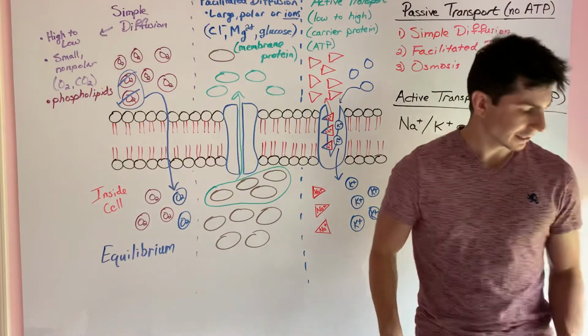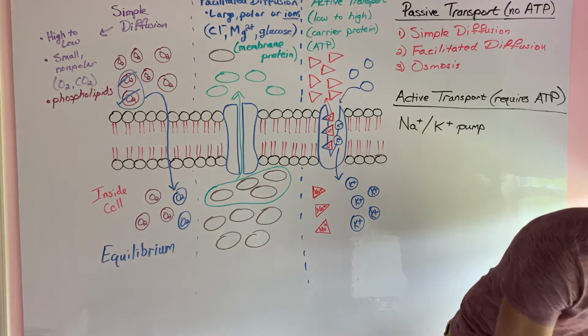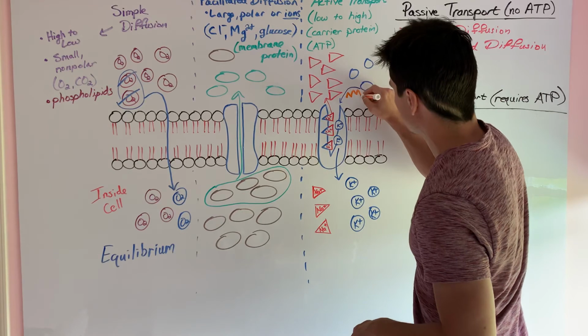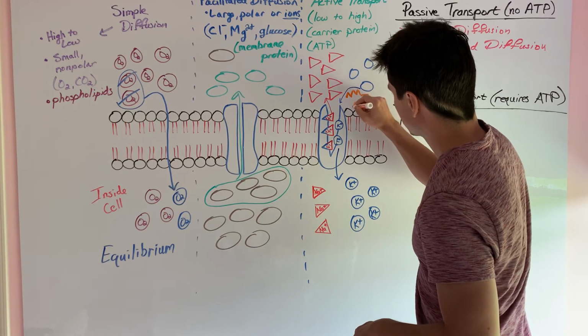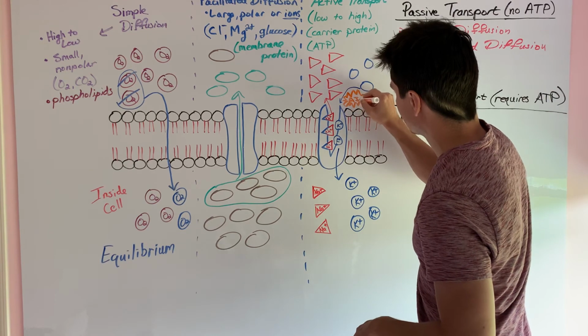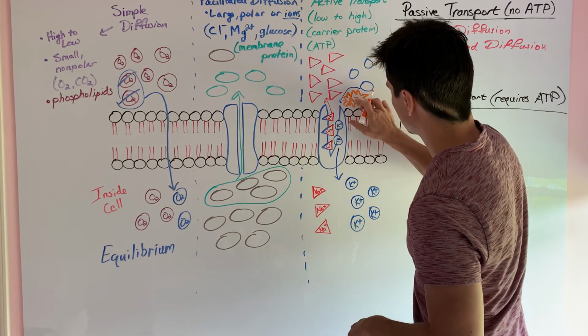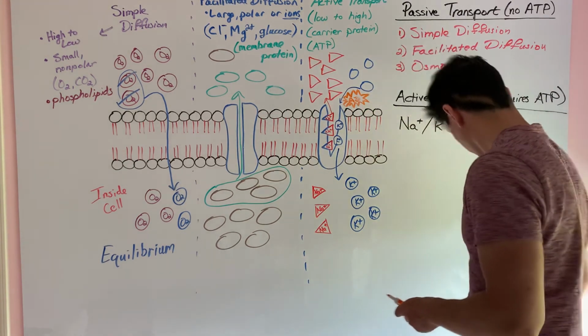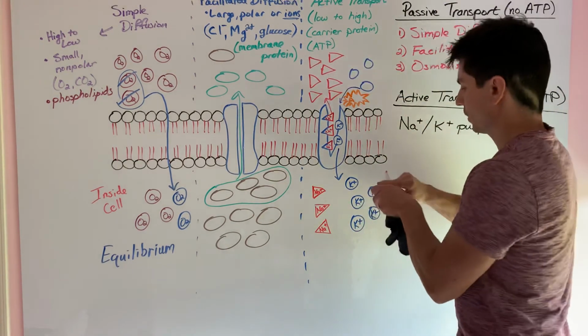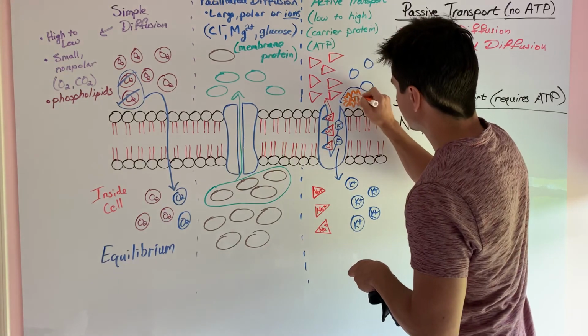Now, the last thing I got to draw with this is, in order for this to happen, we need to bring in, for each time we do this, we need to bring in some ATP.